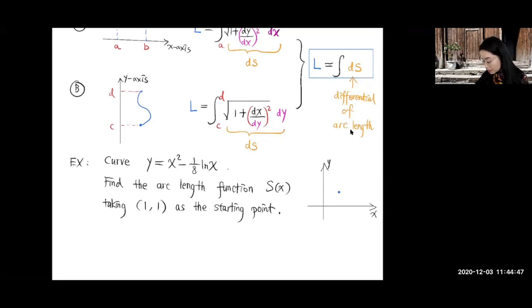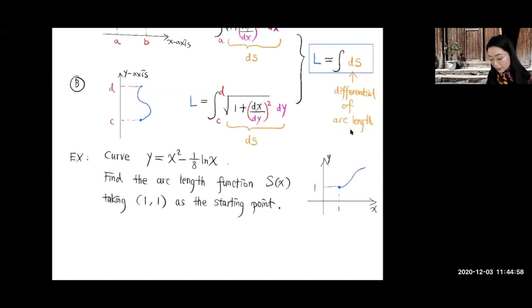So (1, 1) over here, and then I don't know how it goes, maybe like this. Imagine this x is a number greater than 1, and you try to find this arc length right here. This arc length is going to change as x changes. When you move the x, this arc length is going to change. So I'm trying to find this arc length function.